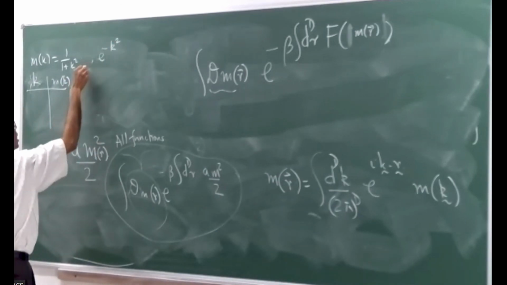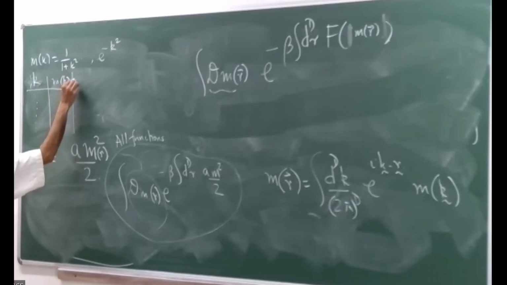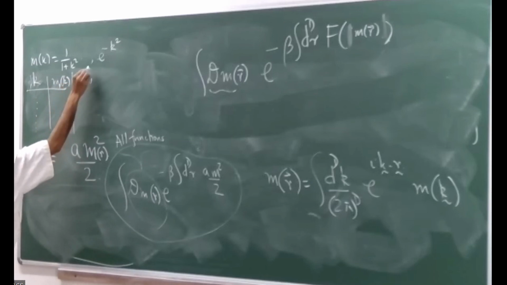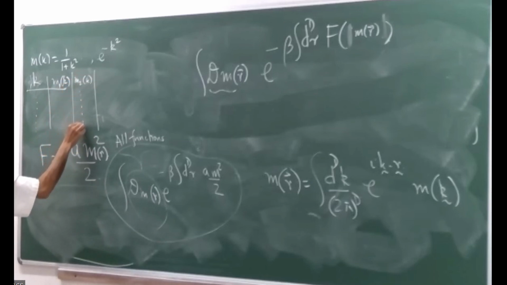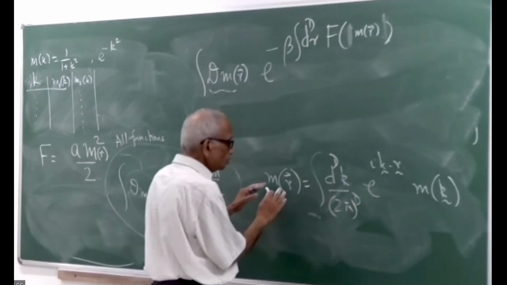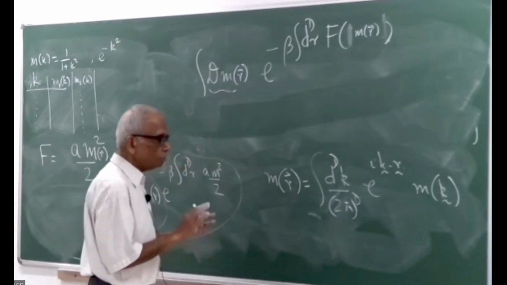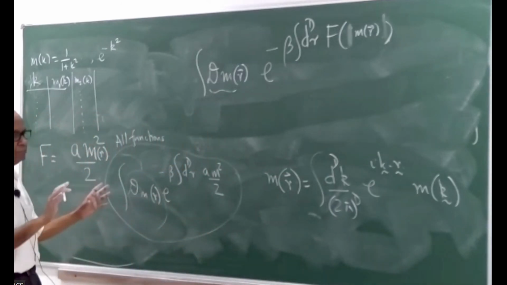And then I have once again another, so this is, call it m1, next one is m2 of k, and I have a set of numbers. Now, my task is to get all the functions m of r, all the possible functions m of r.